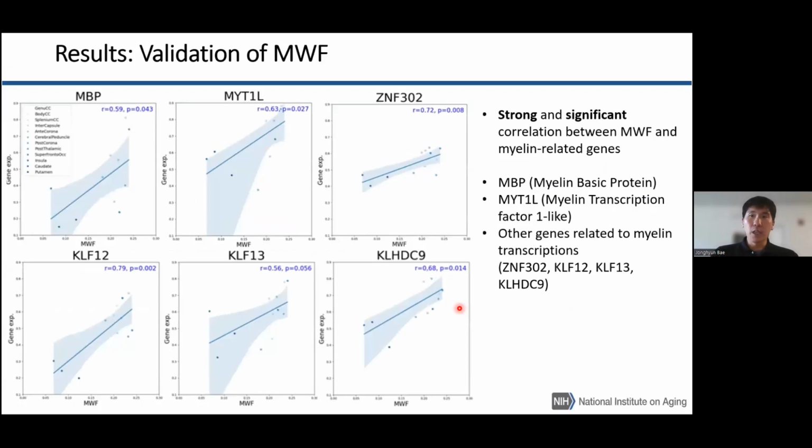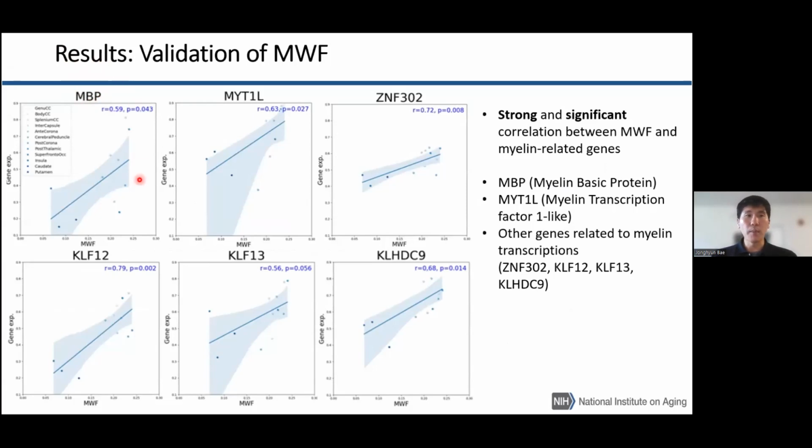And for the validation of myelin water fraction measurements, although this is preliminary at the moment, we found strong and significant correlation with genes that are related to myelin. For instance, one of the genes here, myelin basic protein, is a protein found in the cytoplasmic space in the bilayer membranes of the myelin sheath.